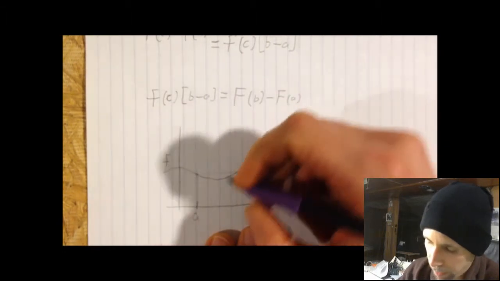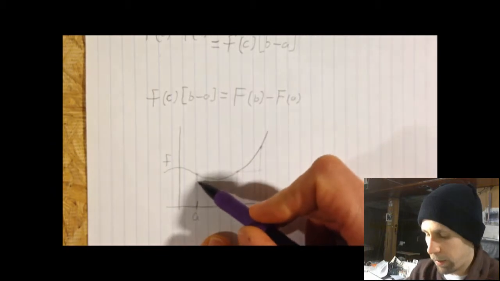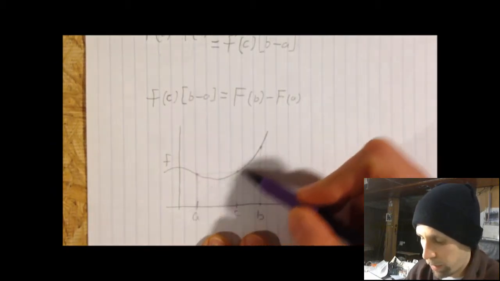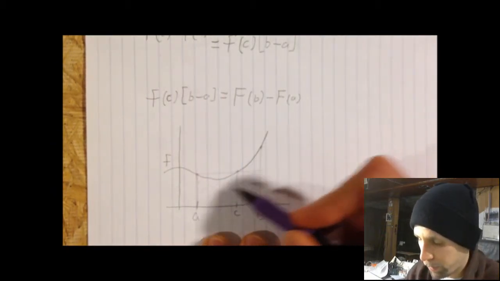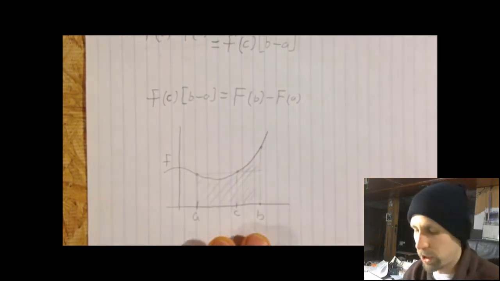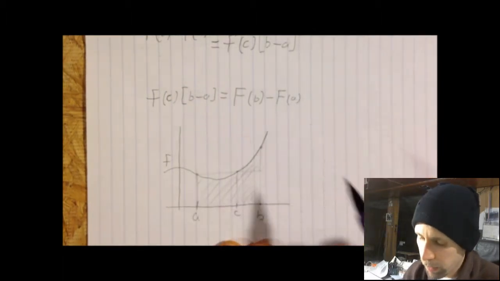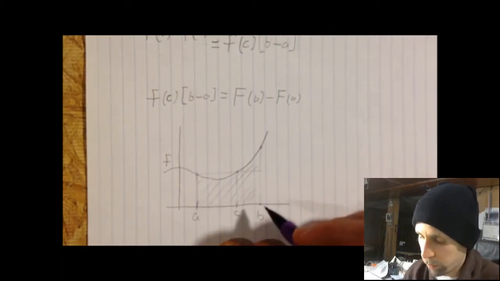You find out at some point during your calculus class that the area beneath an f of x curve stands for the change in a function's antiderivatives on that interval.